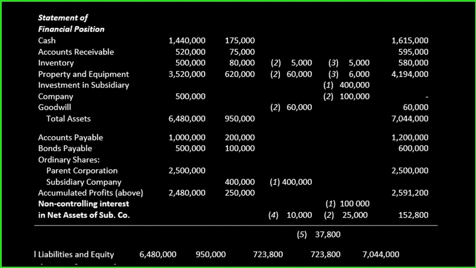Ay, consolidated retained earnings, or simply the parents' retained earnings. Dito na lang. Because the parent is using the cost method, this is the accumulated profits of the parent. Okay po?